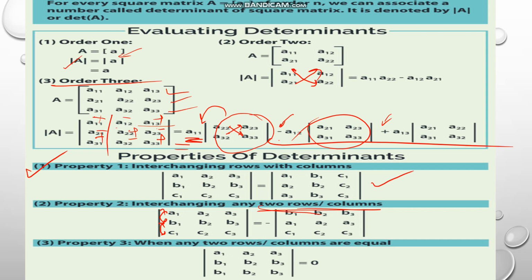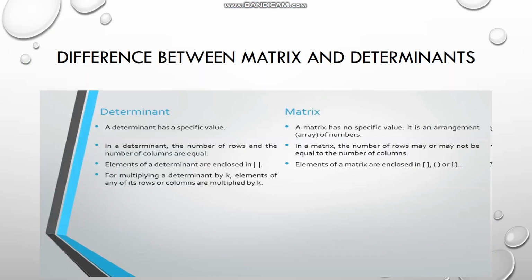By that we will get positive sign. Property number 3 is when any two rows and columns are equal for a given determinant, then the magnitude of determinants must be 0.